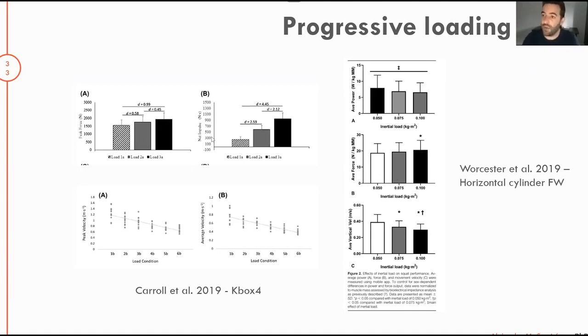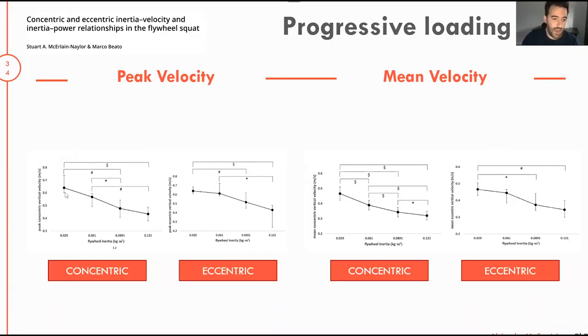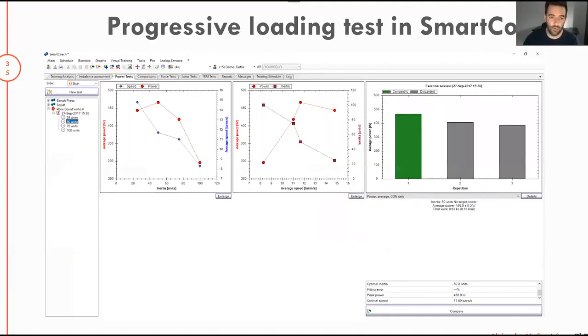So this is good news because you can apply the overload principle of resistance training programs also using those devices. But as I said, it is just information about absolute loads, nothing relative for the moments. And here you can also see how peak concentric, vertical, or eccentric and mean velocity decrease as you increase the moment of inertia, which means that the highest moment of inertia has a greater external workload.